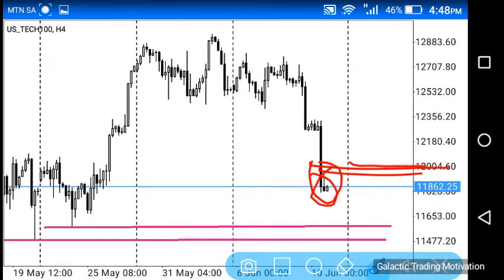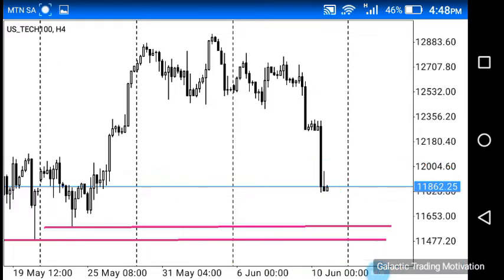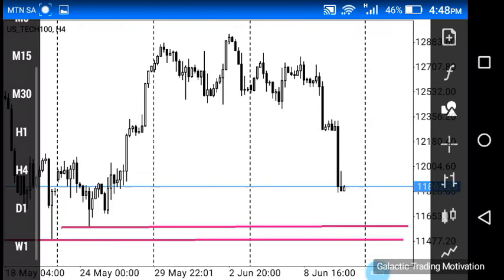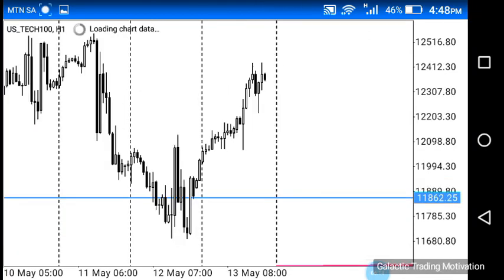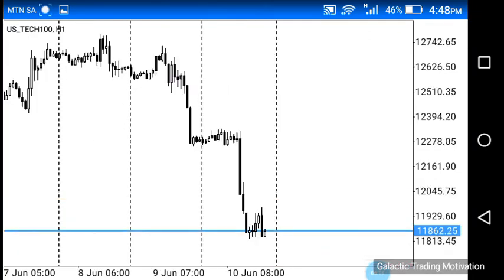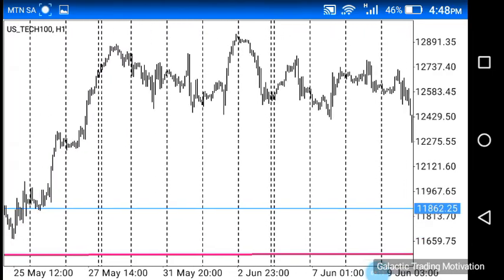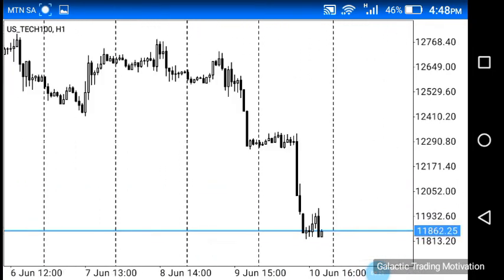So the upper wick tells us that price went up to grab some liquidity and then came down again, right? I don't see anything else really here that is of value, so I'm gonna head over to the H1 chart. So yeah, here we are again on the H1 chart. Nothing really of value that I see.